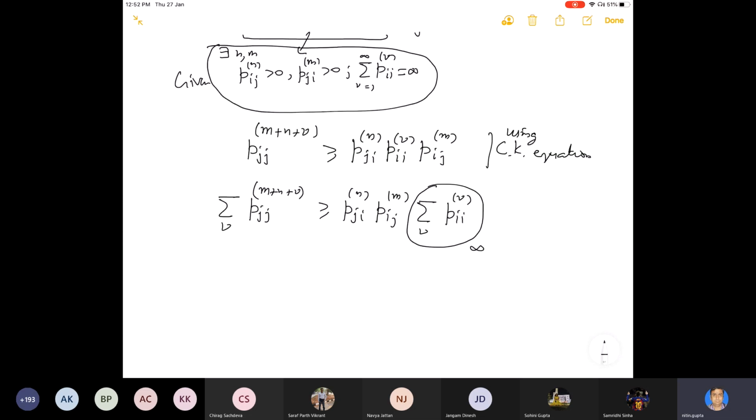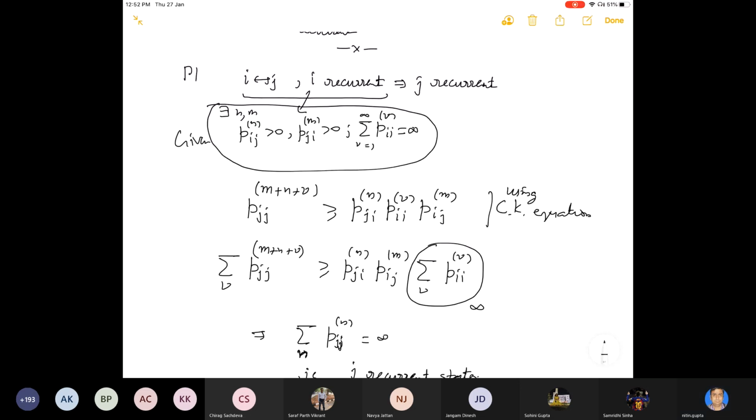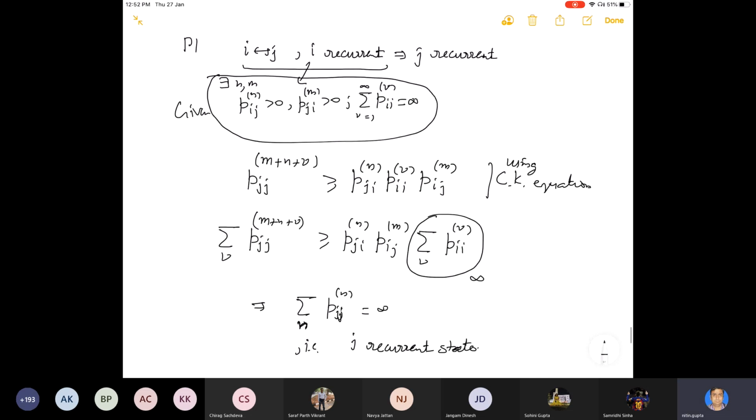The other side also diverges. So therefore, this implies that the summation of P_jj^(n) also diverges. If this diverges, that means j is a recurrent state by the definition. So we have shown that if two states communicate, and one is recurrent, the other will be recurrent.